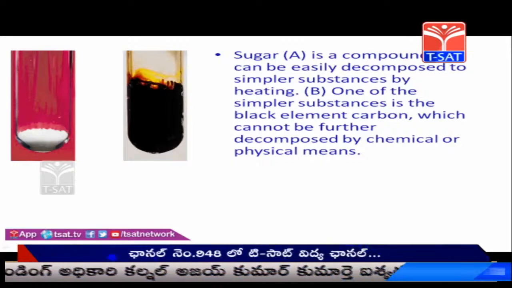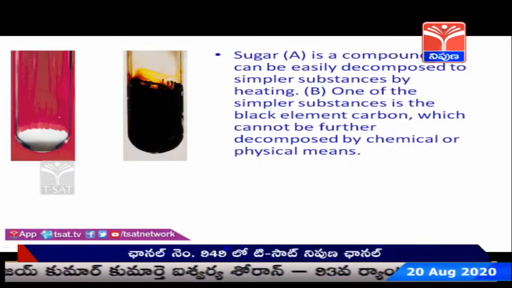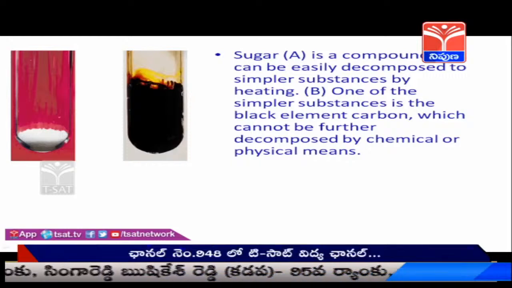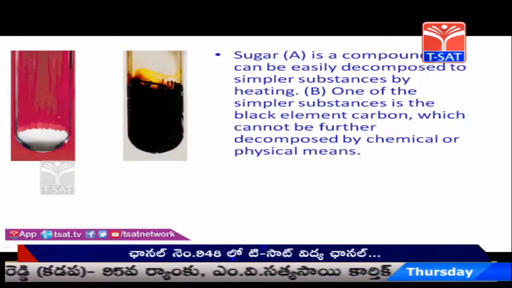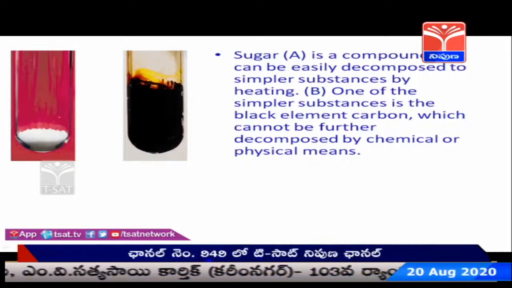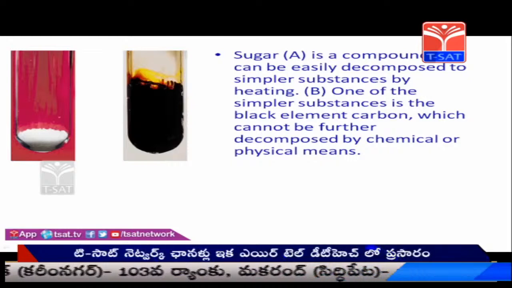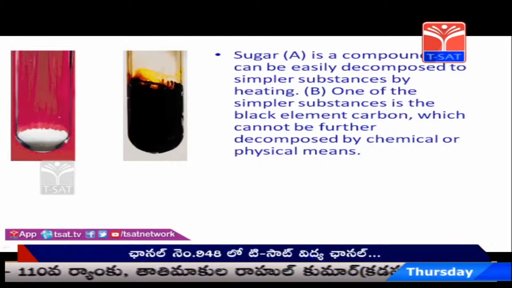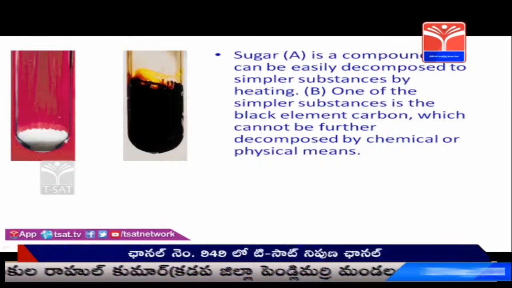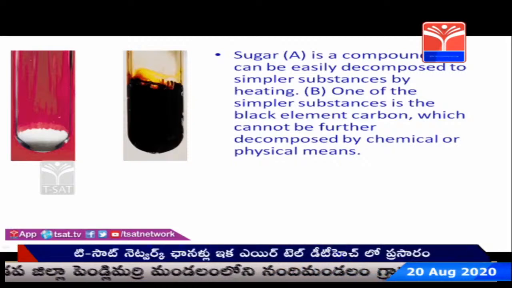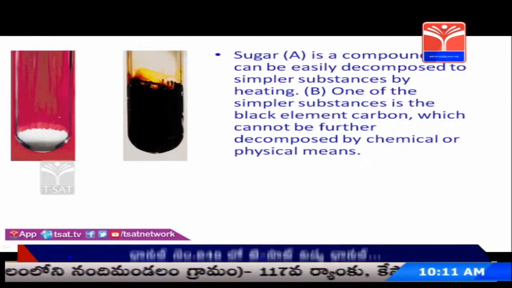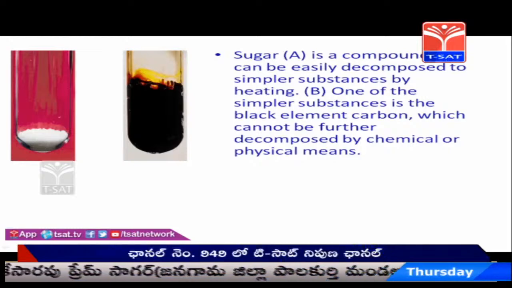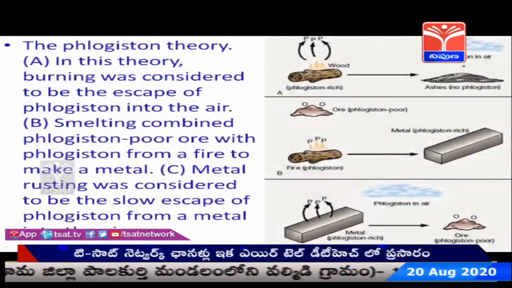When hydrogen and oxygen come out during combustion of sugar particles, the remaining charred material, carbon, can be seen in the test tube. It is a chemical process. With that charred carbon, we will not get the sugar particles again. The taste, the texture, the crystal state, everything will be lost from the sugar particles.